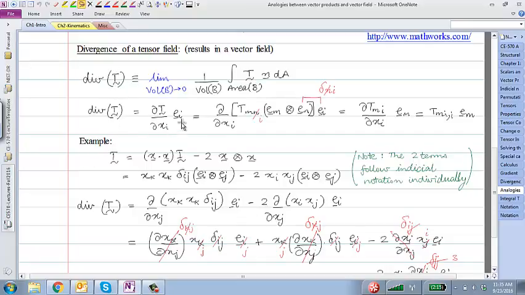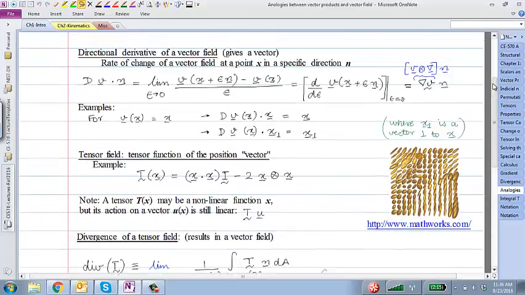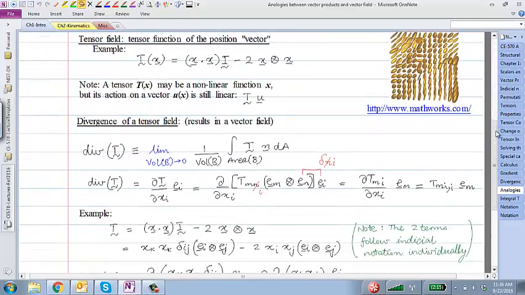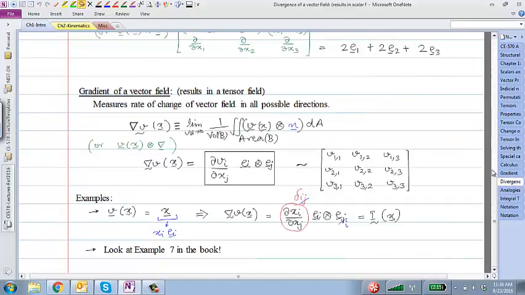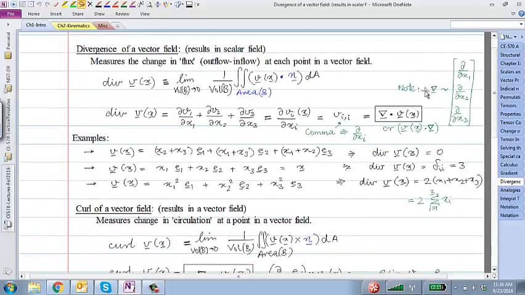In components, it's much more straightforward. Just take the tensor, partial xi ei. So partial xi ei, that was the derivative operator that we had defined up here, somewhere on the previous page. This was the partial operator that we had defined, the delta operator.